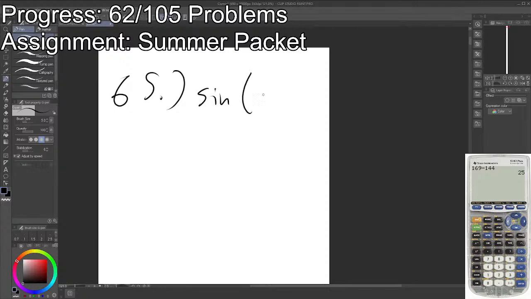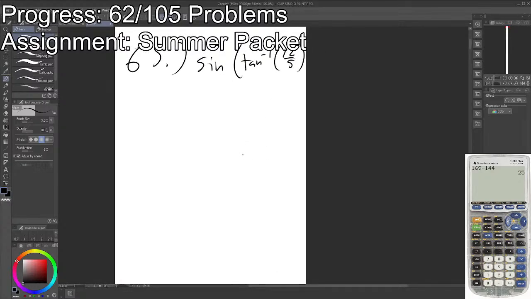Sine tan 12 over 5. Okay, this is in... wait, can this be in more than 1?